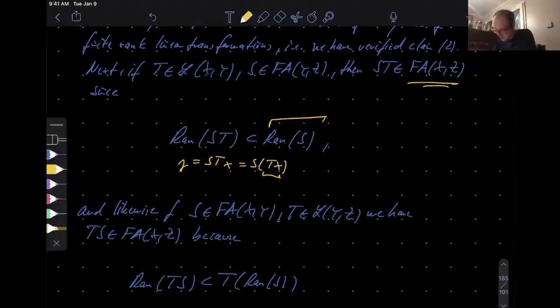So I had y equal to, now here s and t are relabeled, but the argument is the same. You have stx, and then it is s of t of x, but this element is in the range of t, and that's precisely what goes in there if you swap the roles of s and t.